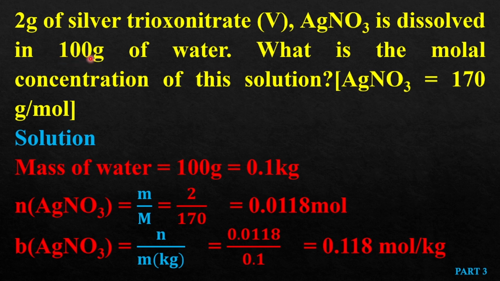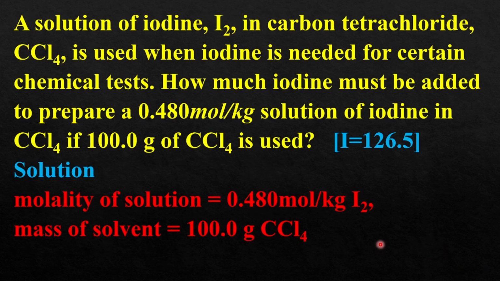So we divide this 100 grams by 1000 and that will give you 0.1. So we have molarity to be equal to 0.118 mole per kg, or we can say 0.118 m.